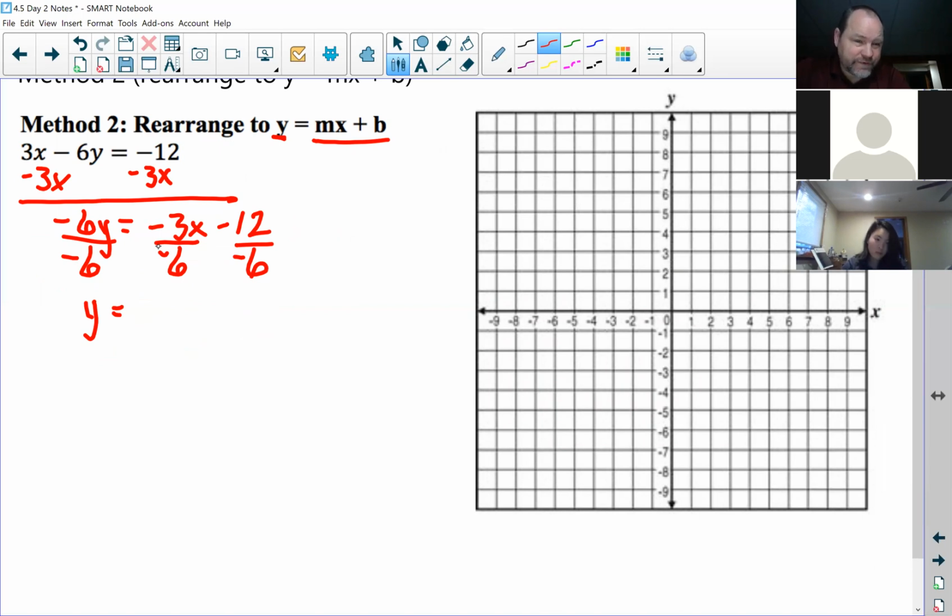Negative divided by a negative is positive, and 3/6 reduces to 1/2. And with the -12 divided by -6, again, two negatives make a positive. 12 divided by 6 is +2.